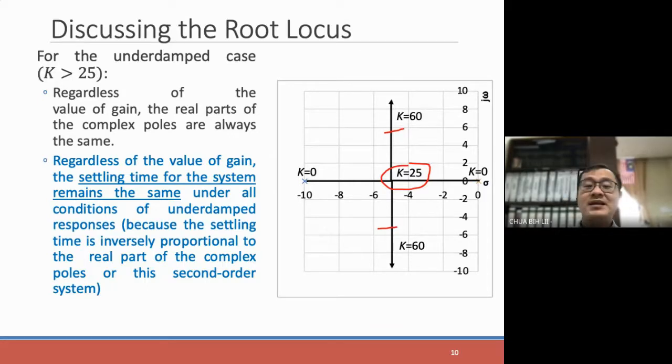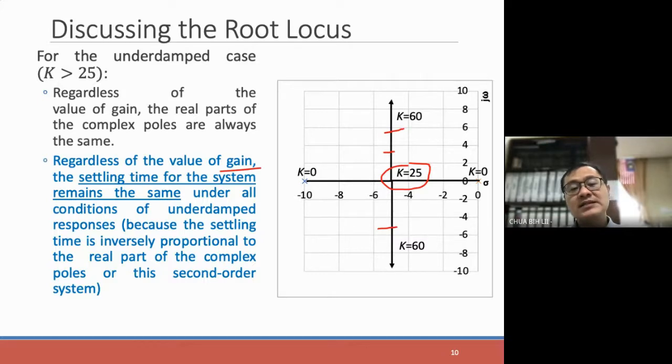The device itself may come with maybe a resistor or whatever that causes the K to be higher. So in that case, how would you select the best one? That would affect your settling time.